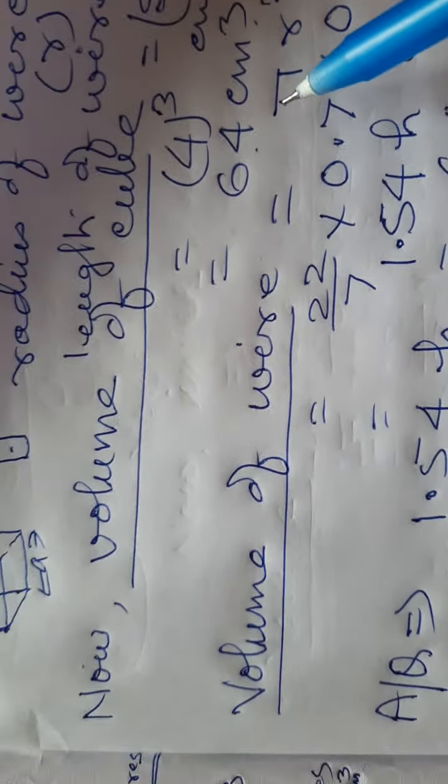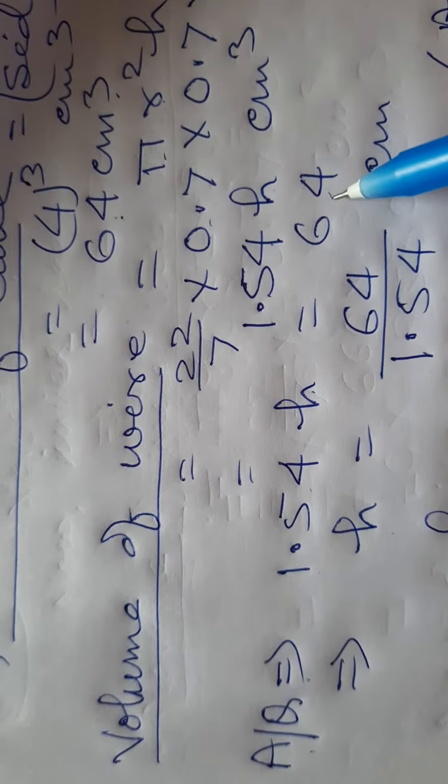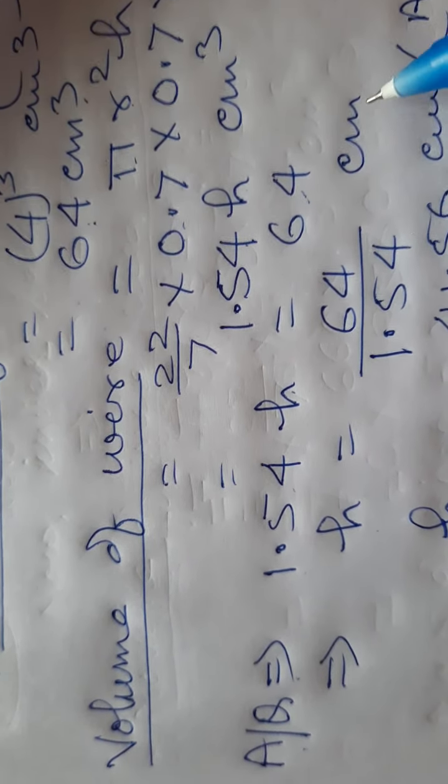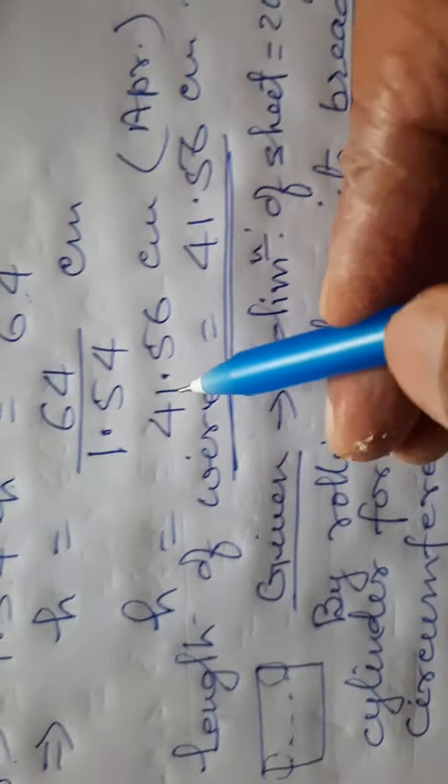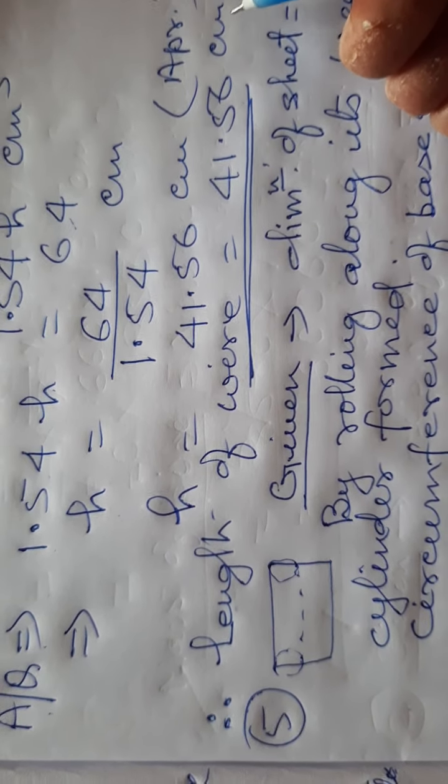According to the question, the cube is melted and brought into this form, so the volume of the wire and the volume of the cube will both remain the same. So 1.54 h is equal to the volume of the cube, 64. h is equal to 64 divided by 1.54 centimeter, and h is approximately 41.56 centimeter. Hence, the length of the wire is equal to 41.56 centimeter.